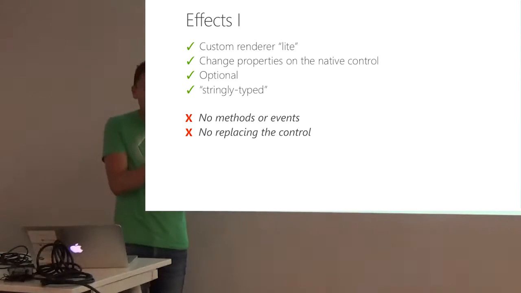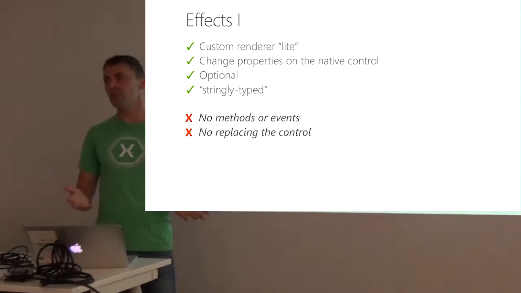If you just want to tweak the iOS edit box, you can create an effect for it. You can add that effect in your shared code, and on iOS it will get applied, and on Android the effect won't resolve to a known thing, and it'll just be a no-op. Okay. So you're not required to do it for all three platforms, and it won't crash if you don't.